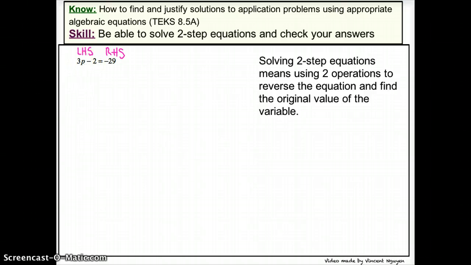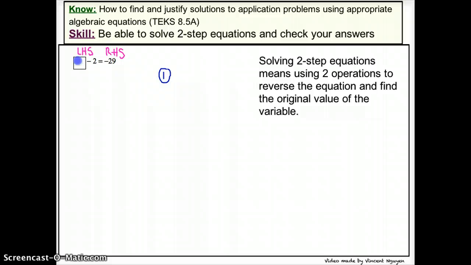Since we have to use two operations, we're going to start with step number 1. In order to figure out what you should do with step number 1, I suggest that you take your finger and cover up the term that has the variable in it.